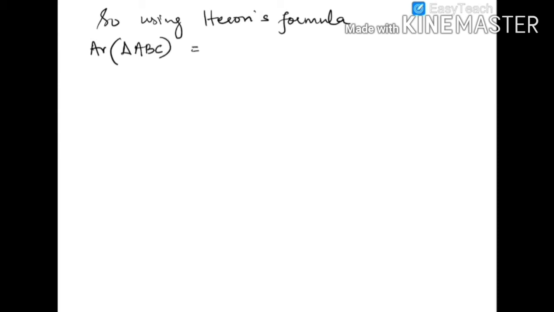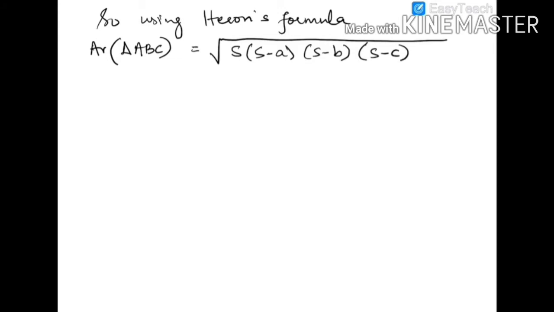So using Heron's formula, area of equilateral triangle ABC is equal to square root of S into S minus A into S minus B into S minus C. Now we have to substitute the values of S, A, B and C. S is 90 and A, B and C each is 60.